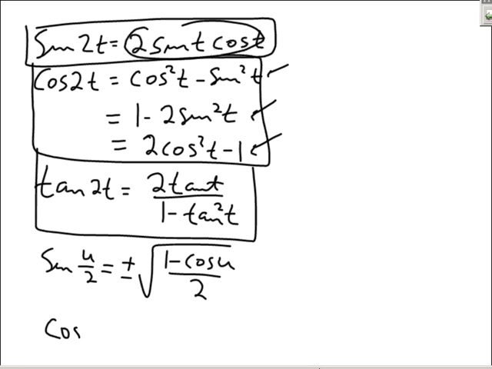And if you have cosine of u over 2, this is equal to plus or minus the square root of 1 plus cosine of u over 2.